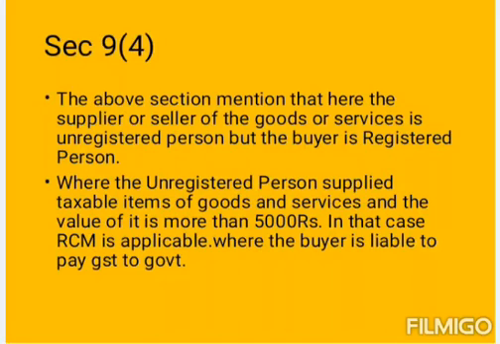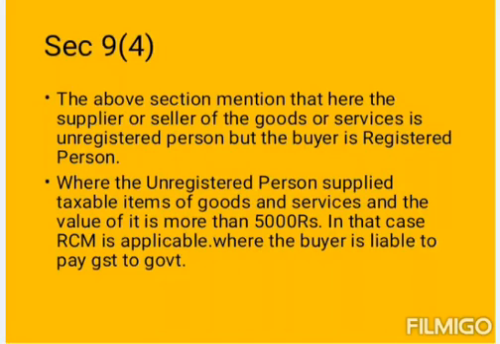The other thing is, if the value of goods is above 5,000 rupees, in these cases the buyer has to pay the reverse charge mechanism amount to the government, that is what we call GST. Here the seller is not paying because he is unregistered, but the buyer is paying. Why? Because he is a registered person, right?